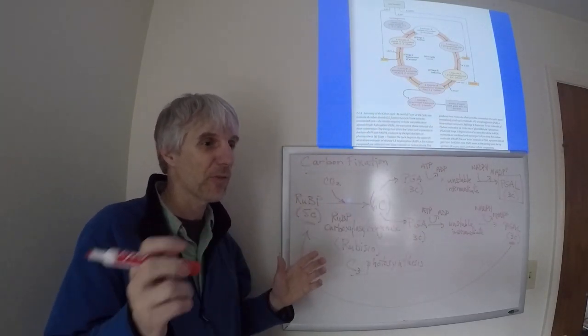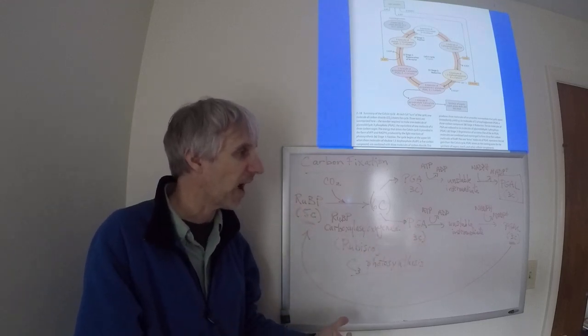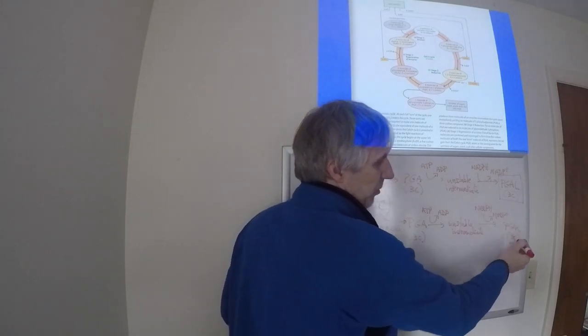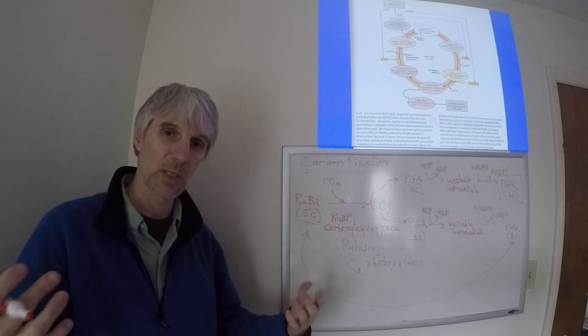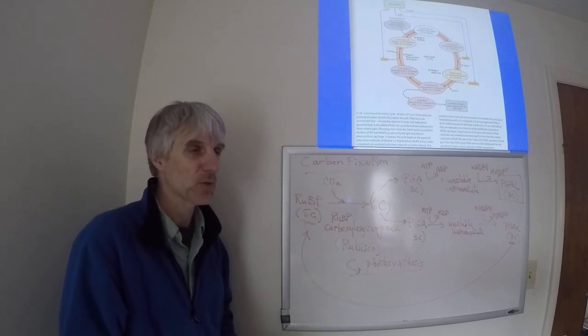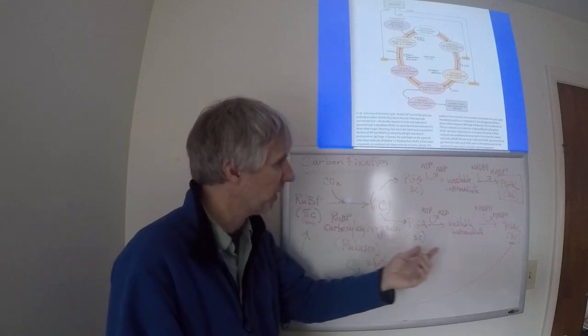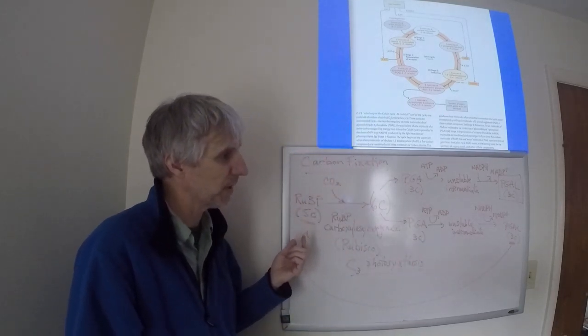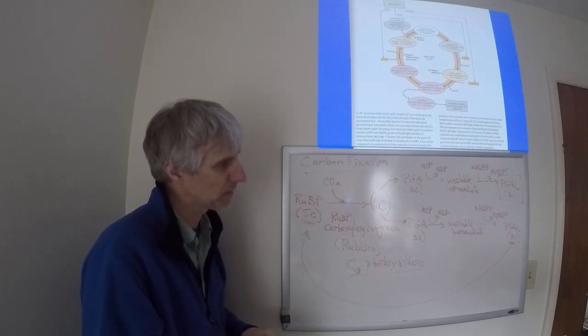So 5 3-carbon PGALs gets converted to 3 5s, while 5 3s is 15 carbons and 3 5s is 15 carbons. So the Calvin cycle is meant to show that you can use PGAL to make RuBP. All we have to do is balance it so that the carbon numbers make sense.